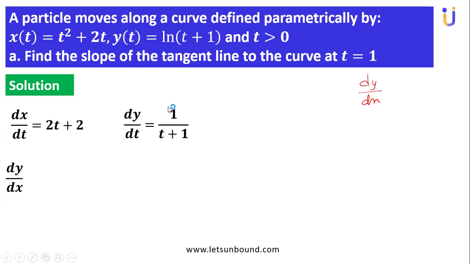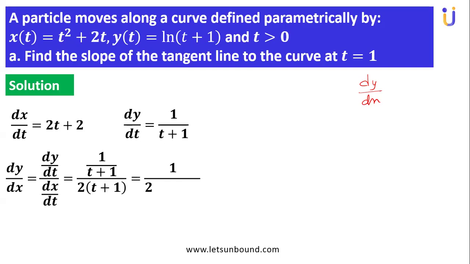Now, dy by dx is the numerator dy by dt divided by dx by dt, and plug in those values. I hope you can follow. And simplify. We get 1 by t plus 1, the whole squared. They will get combined, right? And that's my dy by dx. So if you substitute t is 1, the slope of the tangent is done.